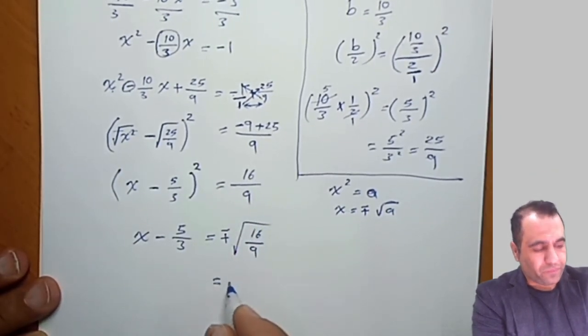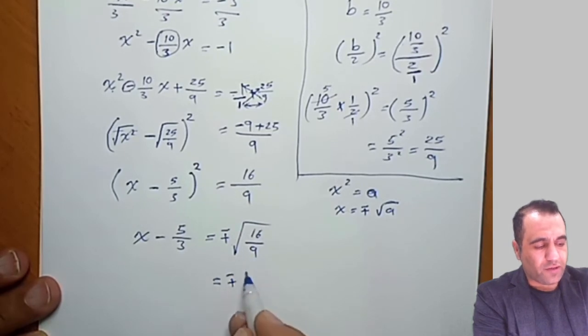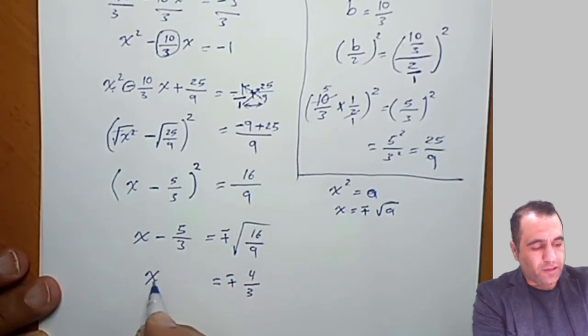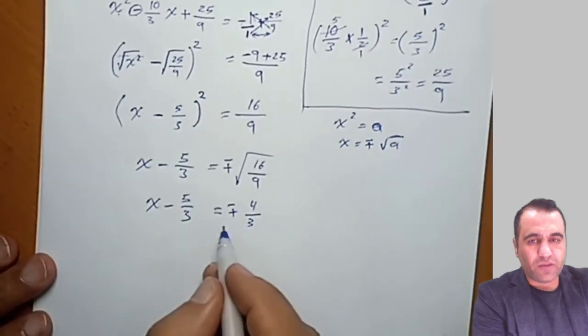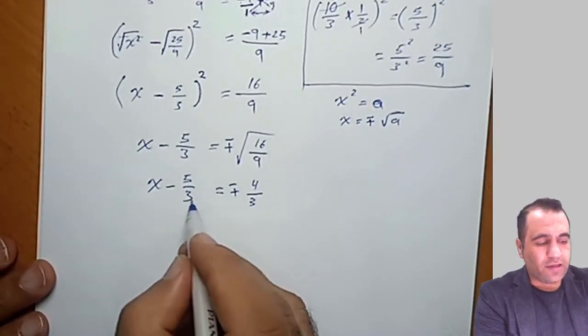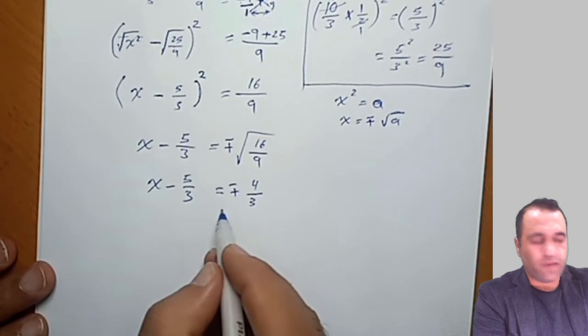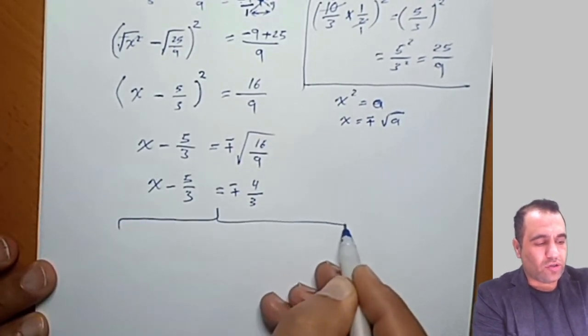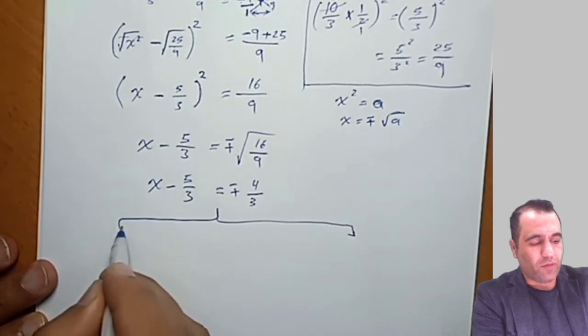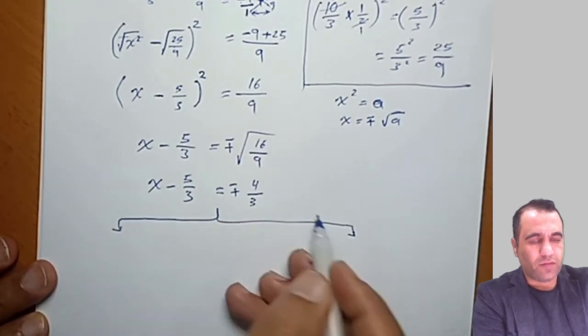Now, positive or negative square root of 16 is 4, and the square root of 9 is 3. But here it stays the same, 5 over 3. Now this is not finished yet, so we make two branches, one of them plus, the other minus.